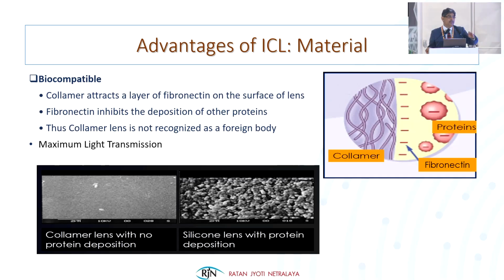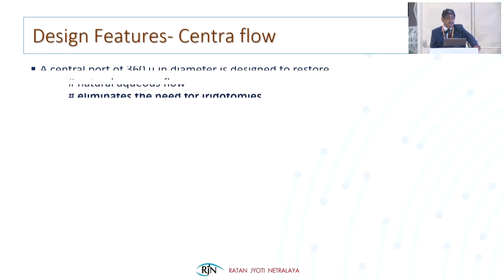A layer of fibronectin is formed on the surface which repels the proteins, so there is less chance of protein deposition on the surface, and thus the polymer lens is not recognized as a foreign body and there are no deposits on the surface, unlike the hydrophilic acrylic material. And above all, this material has maximum light transmittance.